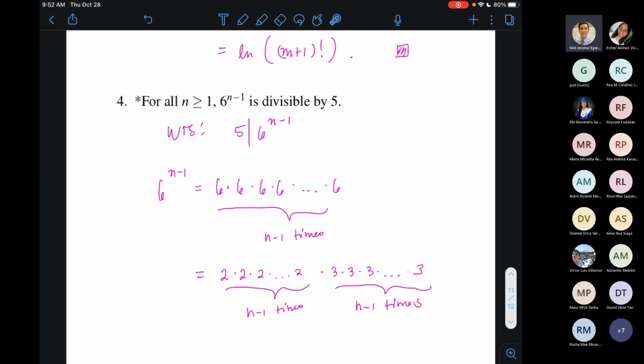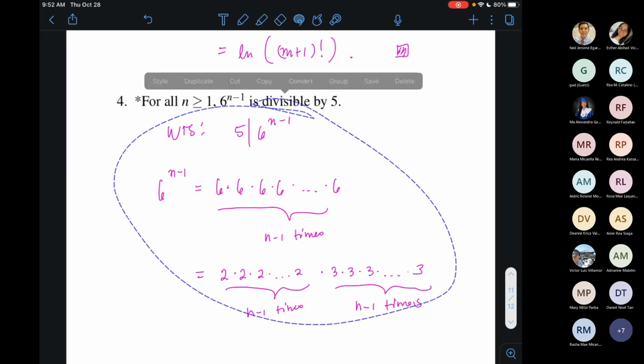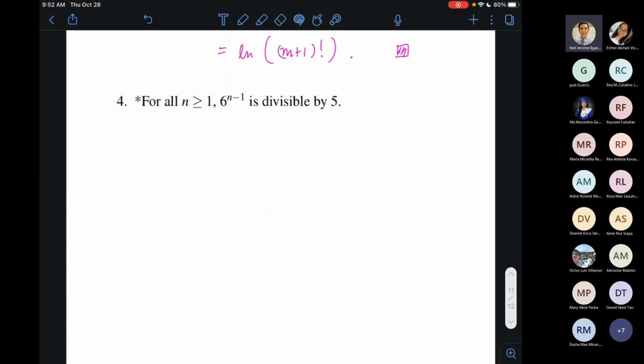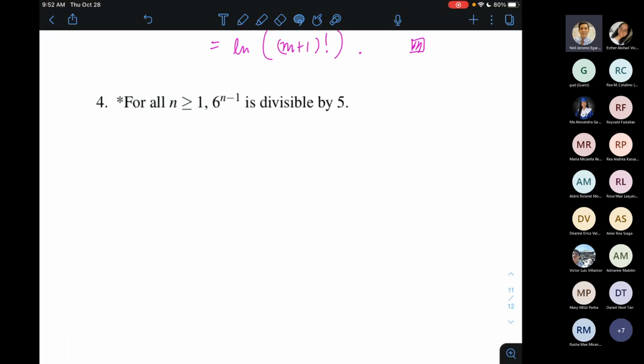Kasi magkakaroon ka ng, kapag kasi n ay 2, 6 to the 2 minus 1, so magiging 6 siya. Hindi naman siya divisible by 5. So I think may typo dito, a very big typo, a glaring typo. So I think this is 6 to the n minus 1. Dapat yung minus 1 ay nasa baba.